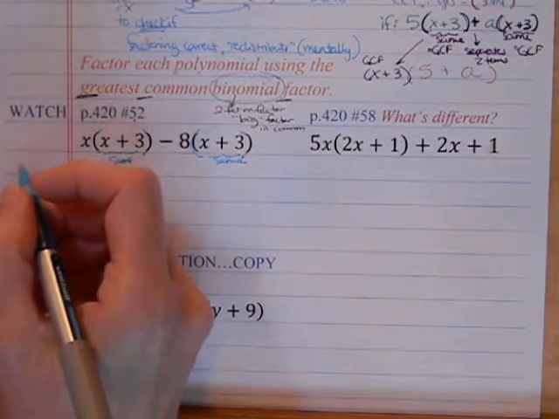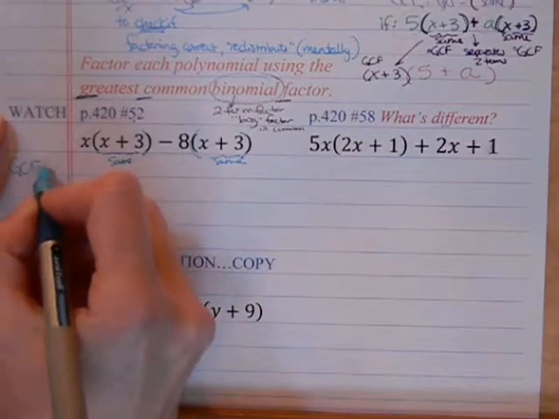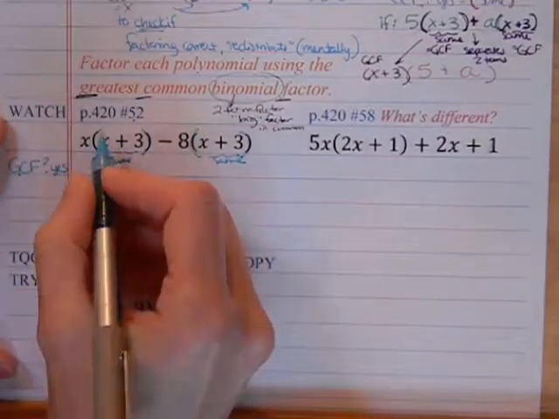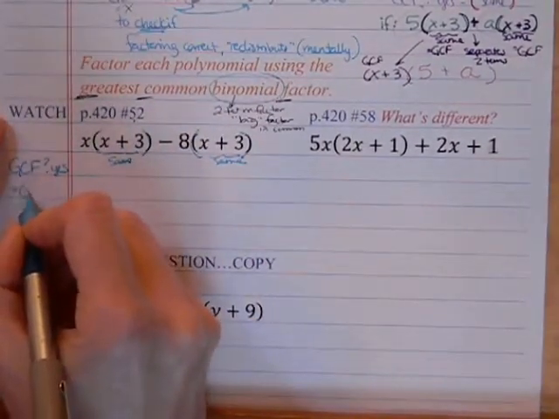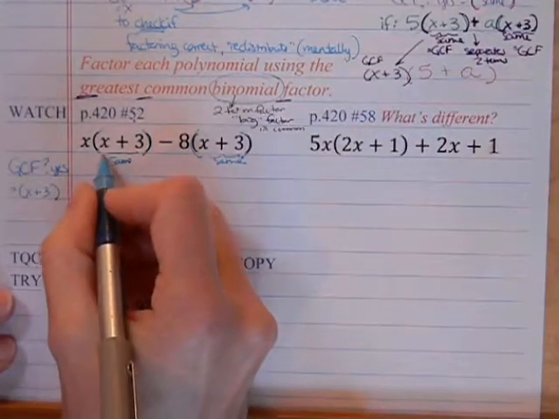And again, we're going to get really good at this because we always check for the GCF first. And so our GCF is equal to x plus 3. So that's what gets pulled out.